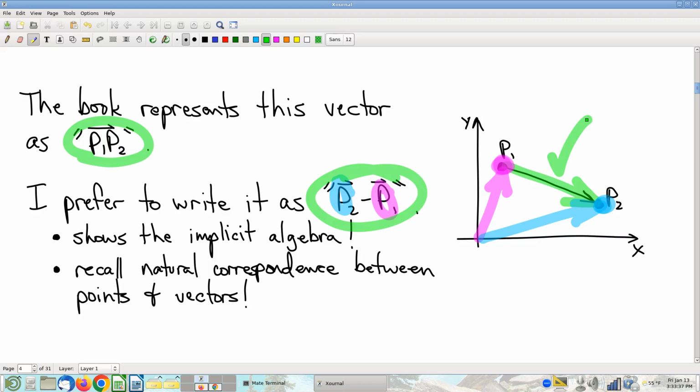So between this choice, would you rather P1, P2, or would you rather P2 minus P1? Not only does my preferred choice not seemingly refer to an arrow instead of a vector, but it also exposes the algebra. Algebra is a good thing.